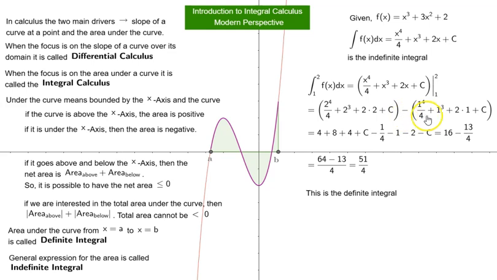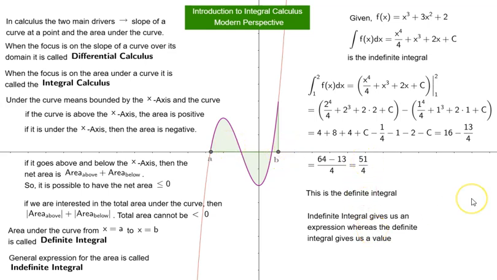So here, if we evaluate it, we arrive at 51 by 4. This is the definite integral. So which means what? Indefinite integral gives us an expression which is itself a function, whereas the definite integral gives us a value for the area under the curve.